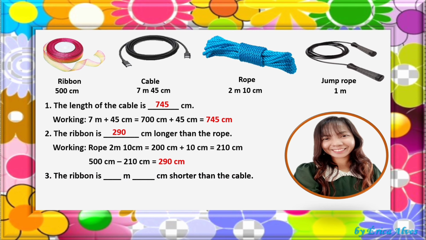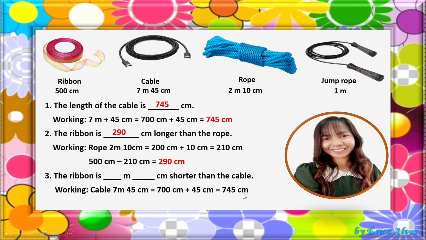The ribbon is blank meter blank centimeters shorter than the cable. First is to convert the unit of the length of the cable. So 7 meters is equivalent to 700 centimeters, plus 45 centimeters.